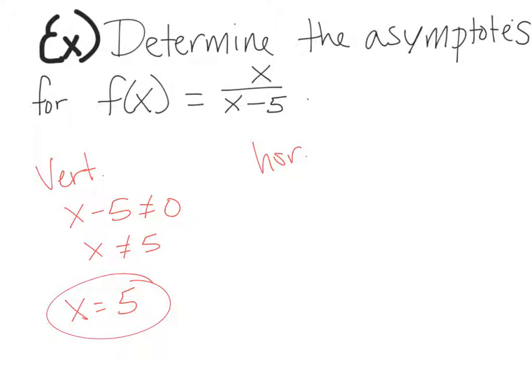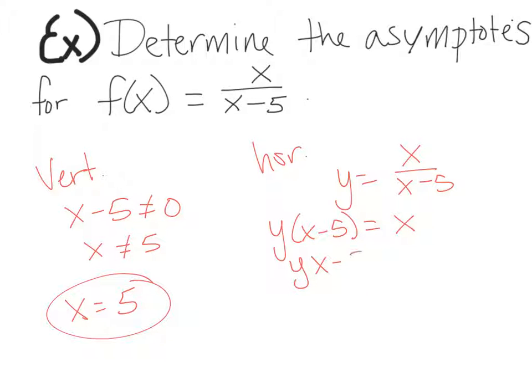Rather than having f of x, we can always make this y equals x over x minus 5. And to find the horizontal asymptote, we can just solve to try and get x by itself. So when we do that, we're going to make it y times x minus 5 equals x. I'm going to distribute my y to my x, so I have y times x minus 5y equals x. I'm going to move this x over and this y over.